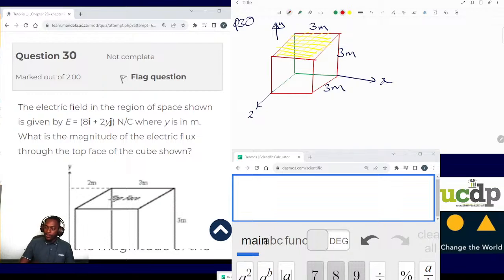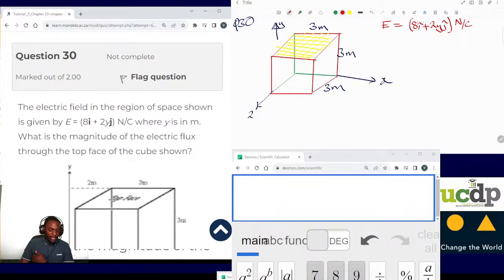You should recall from your learning that, okay, maybe let me write down the data that were given. E equals 8 in the I plus 2y in the J. That's our electric field, Newton per Coulomb.